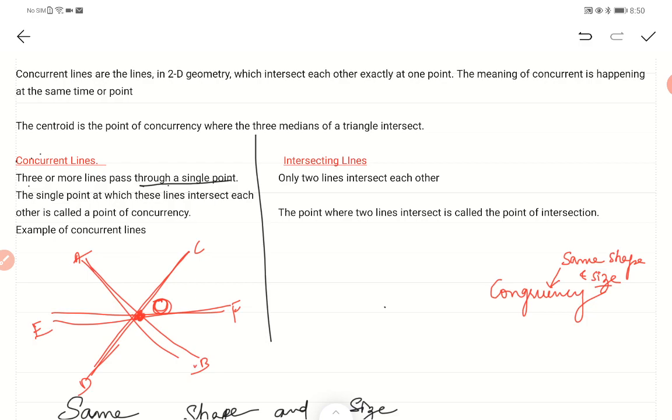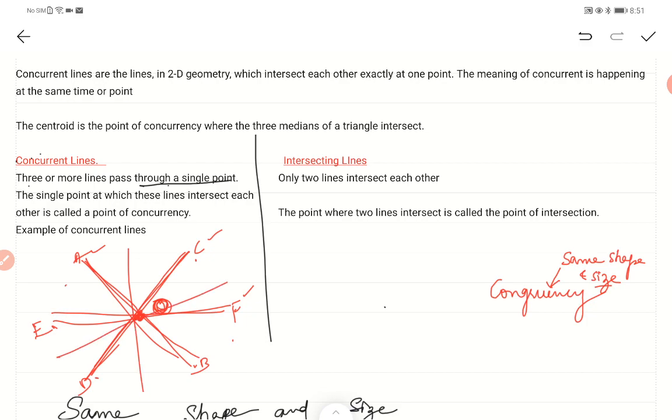So these lines A, B, C, D, E, F are called concurrent lines, because they are all passing through a single point of intersection, which you call O. You will say concurrent lines only when you have three or more lines.